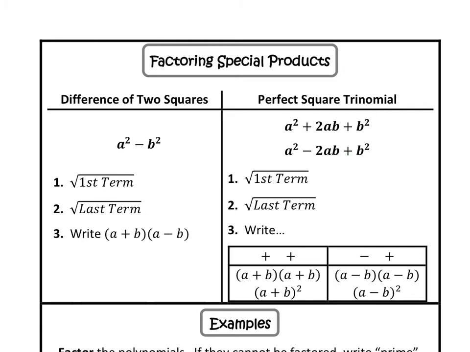Okay, so we're actually going to be doing the same steps that we've been doing. We square root the first term, square root the last term, and then write it in the following way.